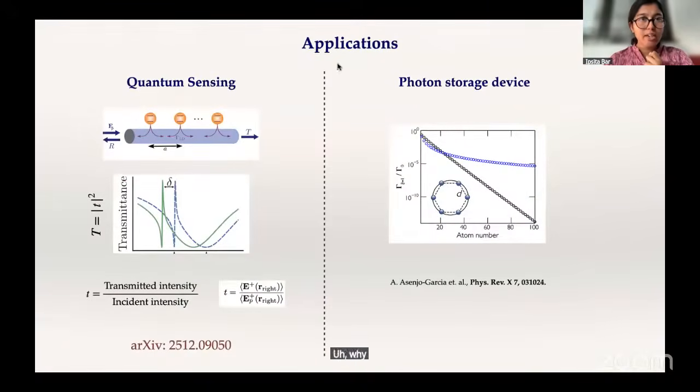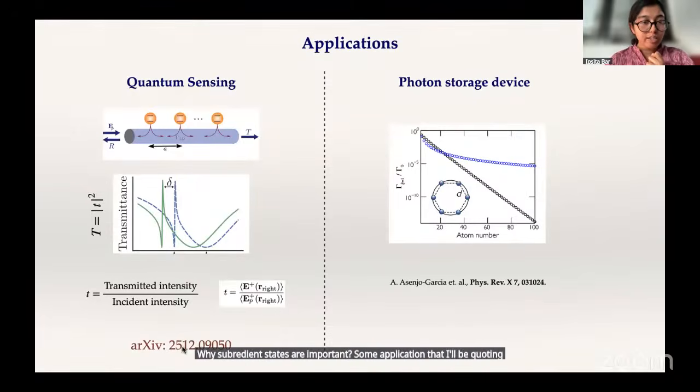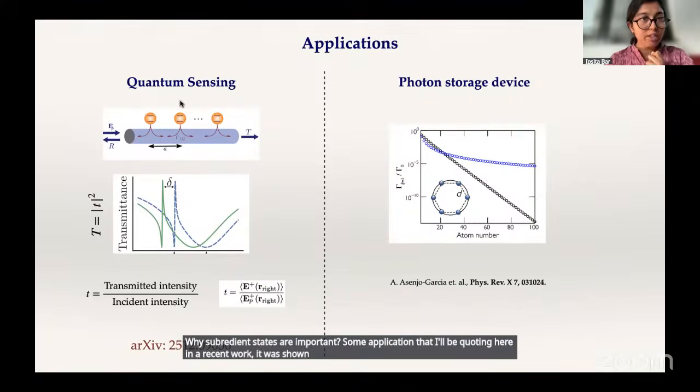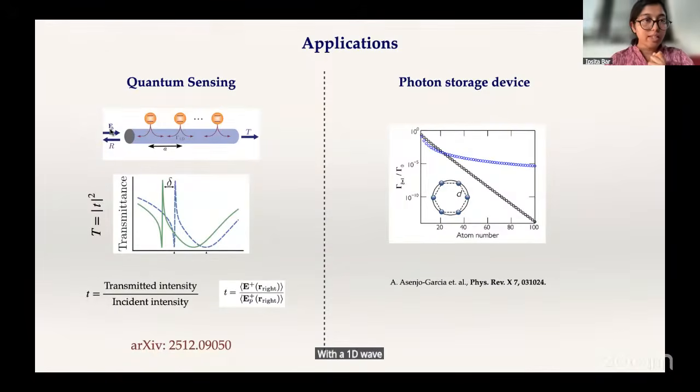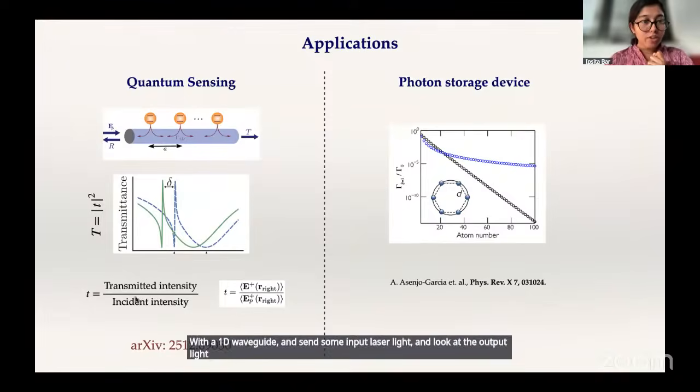Why are subradiant states important? Some applications that I'll be quoting here. In a recent work, it was shown that subradiant states are very useful for quantum sensing. How? They show that if you couple a two-level system to a 1D waveguide, send some input laser light and look at the output light, then the transmittance spectrum is very sensitive to the detuning of the laser light from that of the atom.